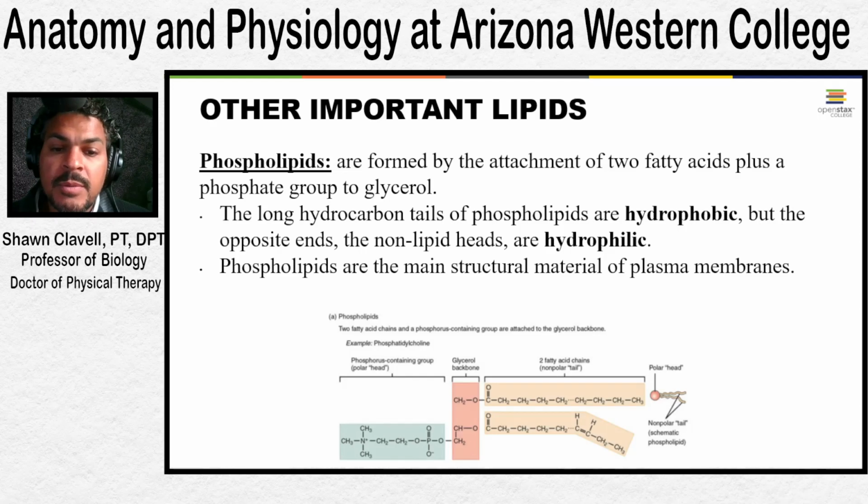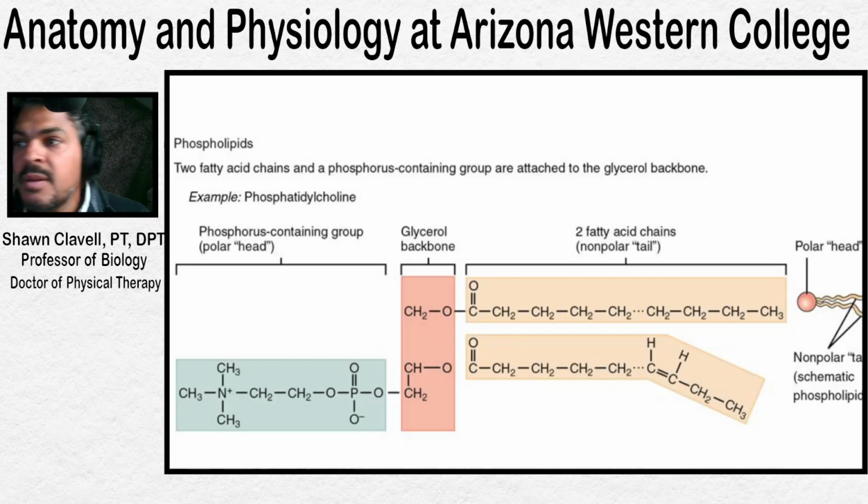The next lipids we'll talk about are the phospholipid and glycolipid, but primarily the phospholipid. They're a modified triglyceride. They contain two fatty acid chains, and then at the head of this glycerol backbone, you have a phosphate-containing polar head. This phosphate head interacts with water.